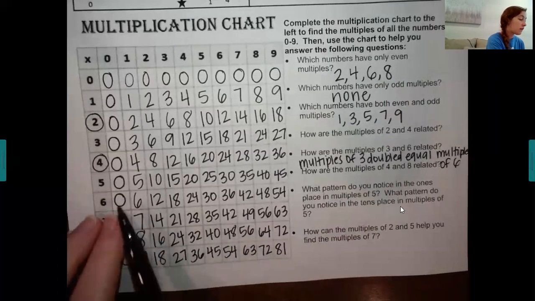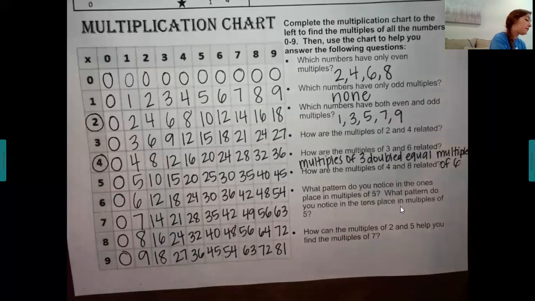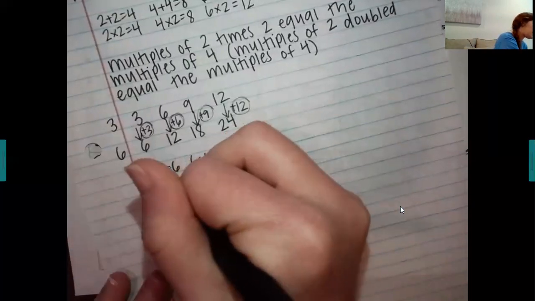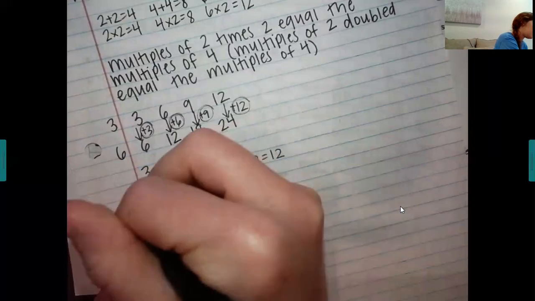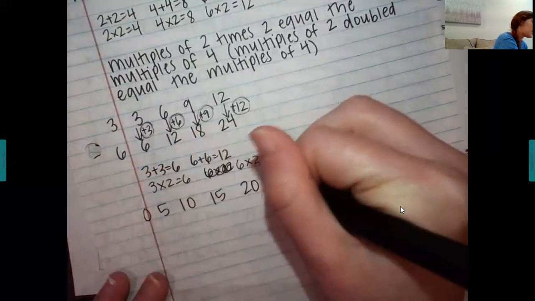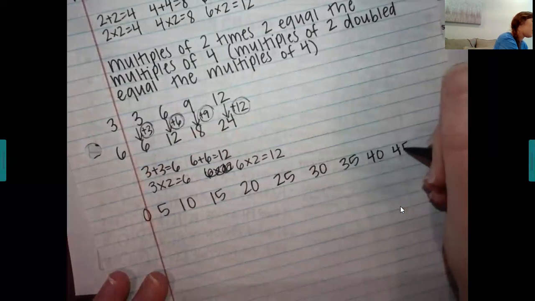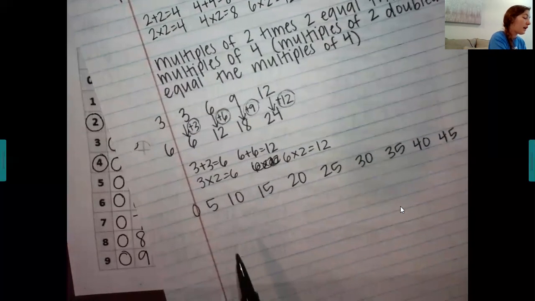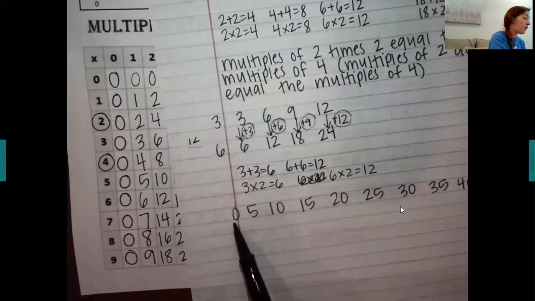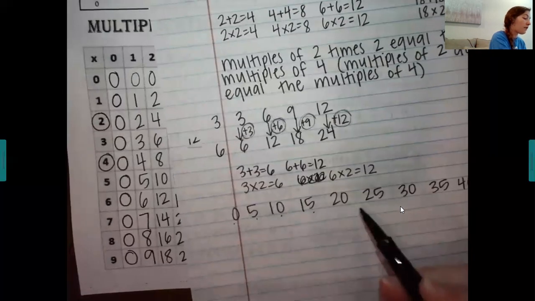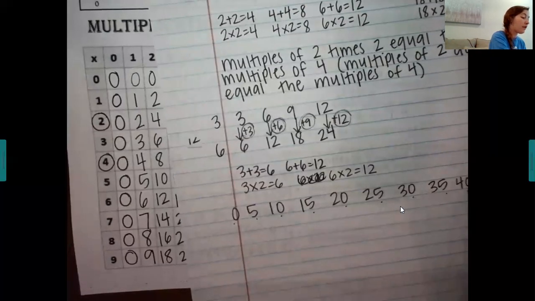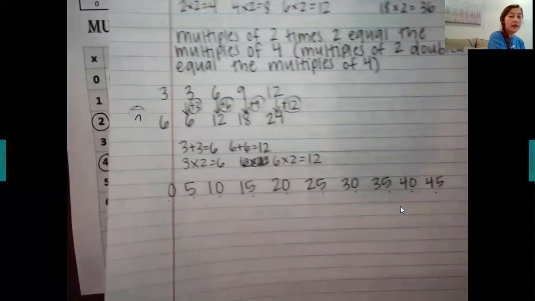So we're looking here, and if I write them all out, 0, 5, 10, 15, 20, 25, 30, 35, 40, 45. If I start with the ones place, I look at 0, 5, 0, 5, 0, 5, 0, 5, 0, 5. So you can see that pattern.